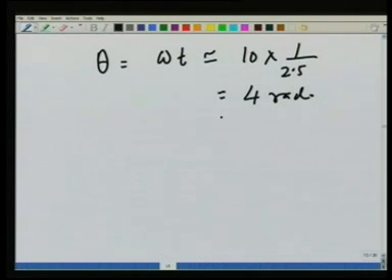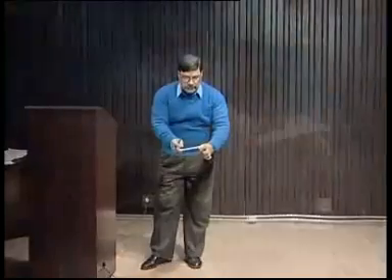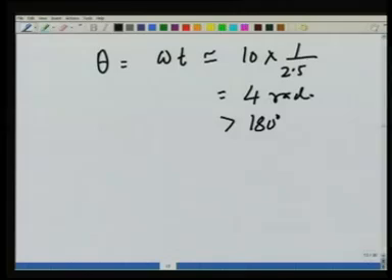That is slightly greater than 180 degrees. So, that is roughly the angle through which the book rotates, and you see it drops the other way. This is an interesting problem where we applied the ideas learnt so far.